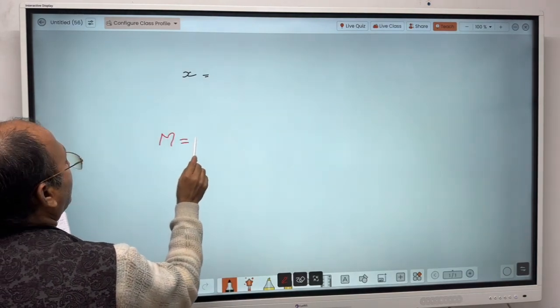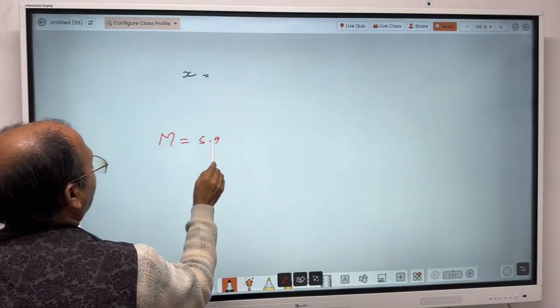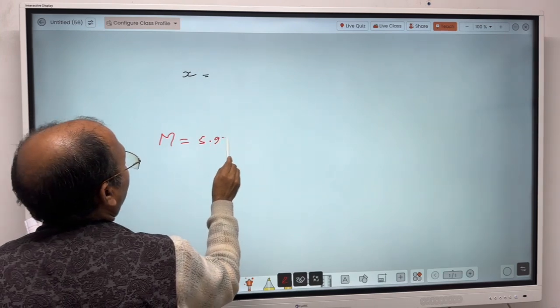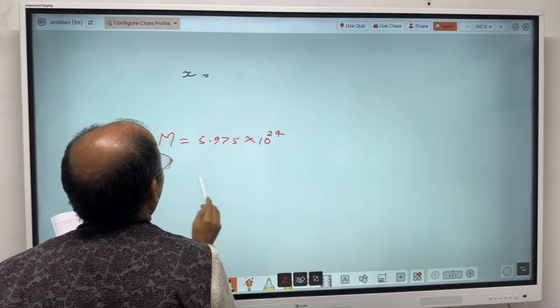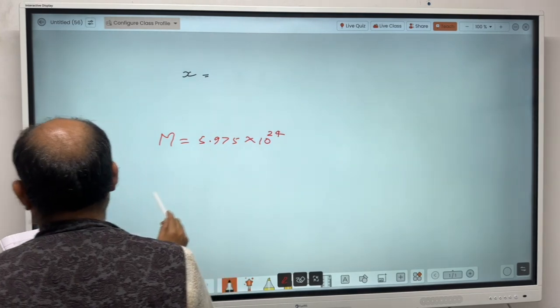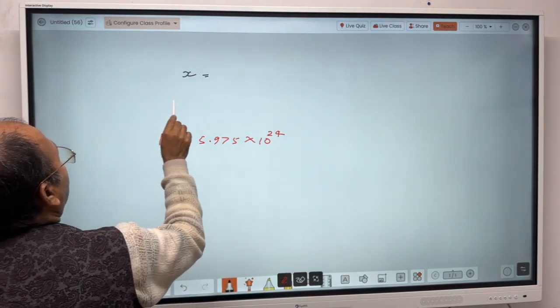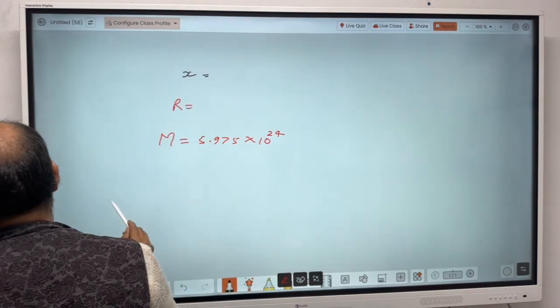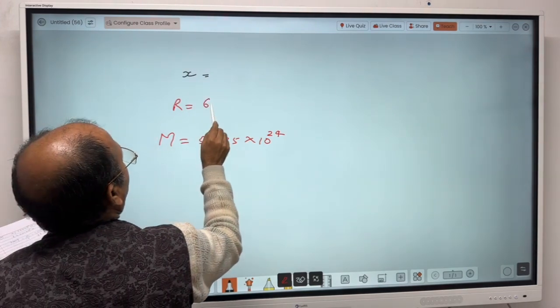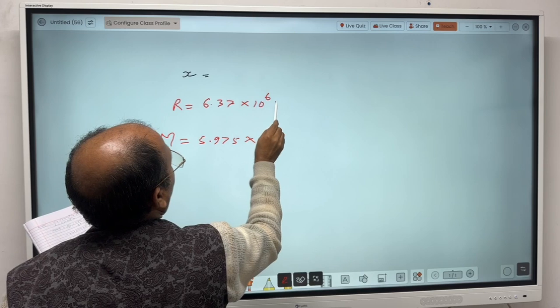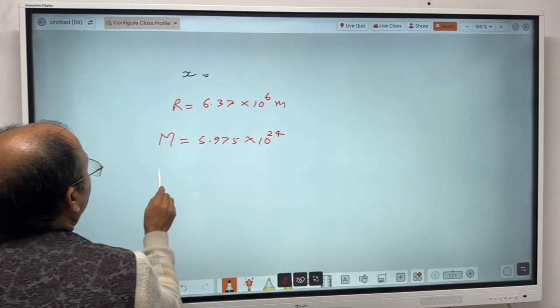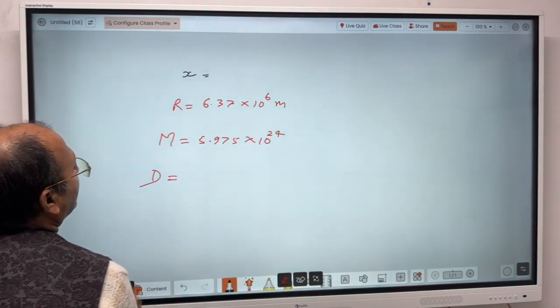M is given as 5.975 into 10 to the power 24 kg. This is the mass of Earth. And the radius of Earth is given as 6.37 into 10 to the power 6 meter. Now we have to find out the density.